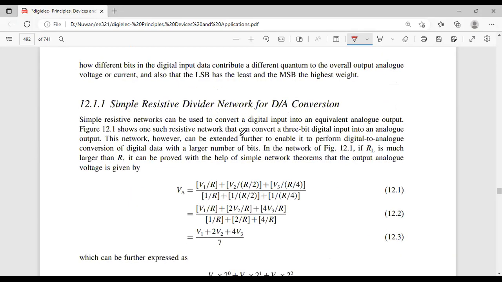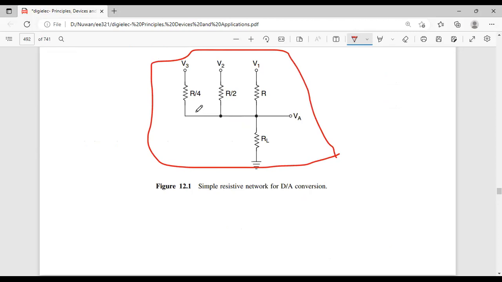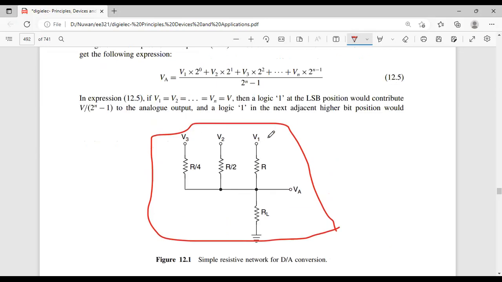So this is a digital to analog converter. I think I have explained how this kind of circuit works. Very easily, you have to use the voltage divider circuit. If you are given 0, 1, 1, it means you are given voltage here, 0, 5.